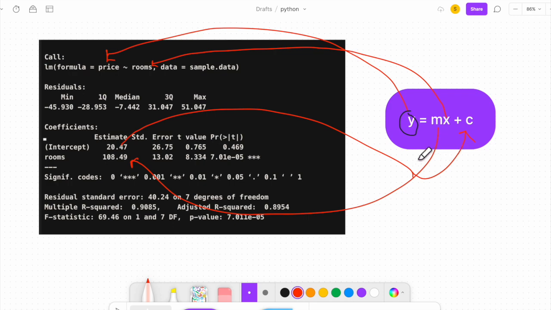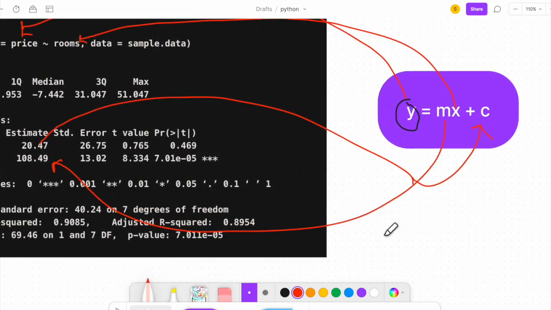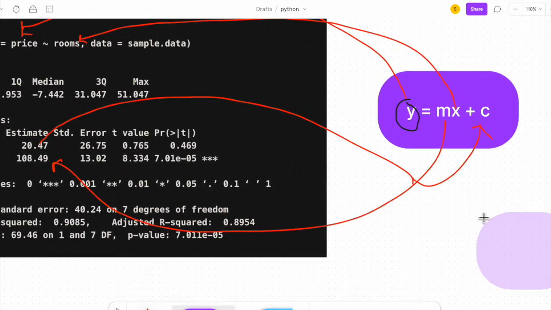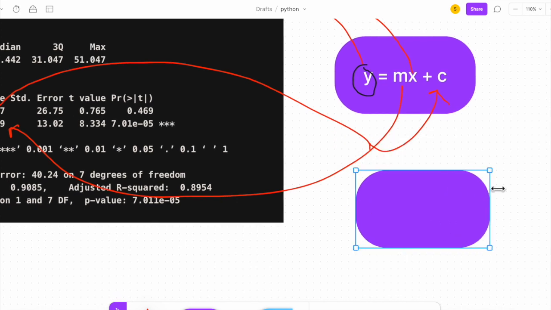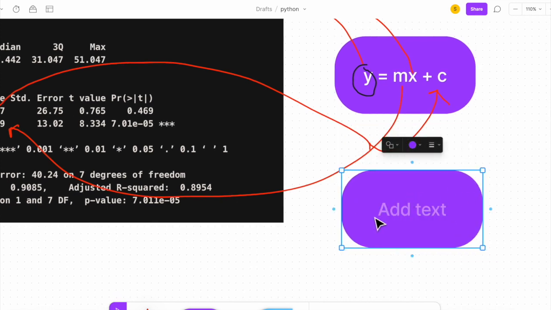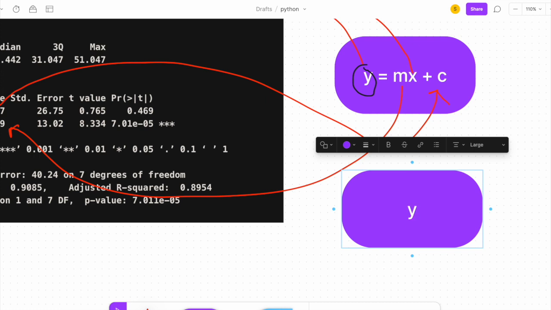Usually on y, by standard, we represent what we are trying to figure out. Now if we have to rewrite this equation again, this is how we will write it. This is y, which we are trying to figure out.